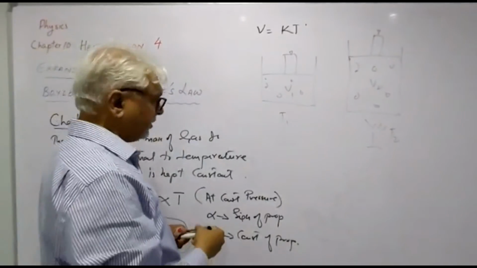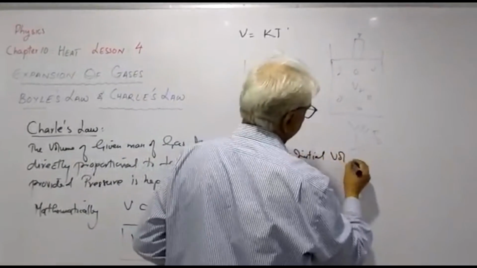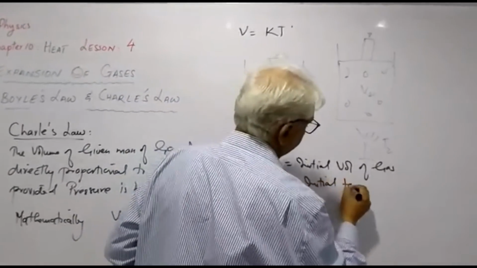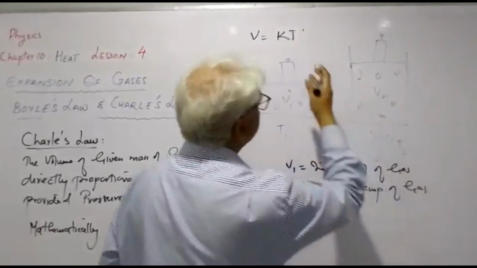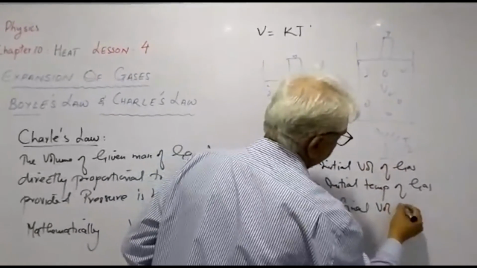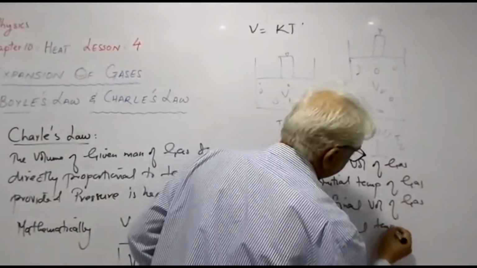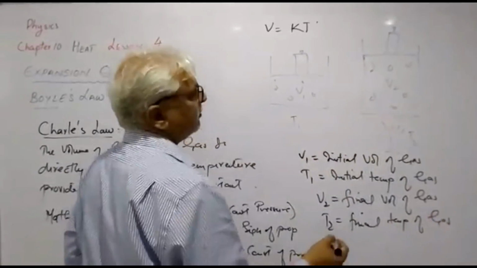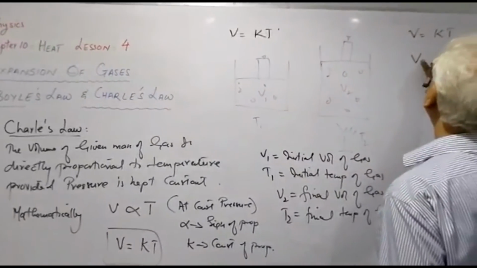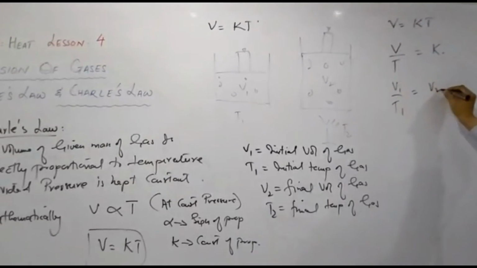So if V1 is the initial volume of gas and T1 is the initial temperature of gas at constant pressure, and V2 is the final volume of gas and T2 is the final temperature of gas, then our equation will become, if V equals kT, I bring T to the other side, I get K, the constant of proportionality: V1 over T1 equals V2 over T2.